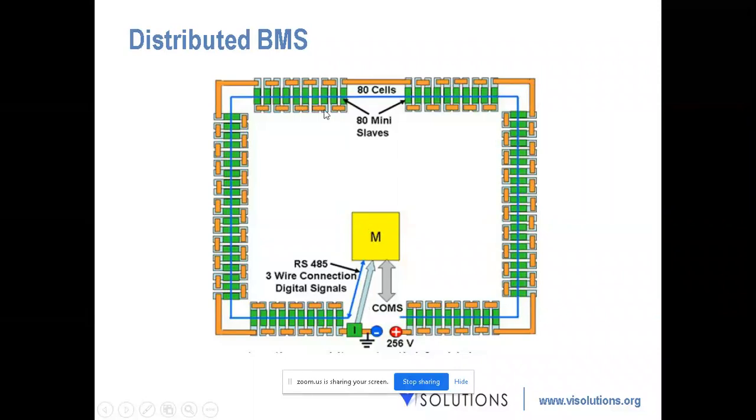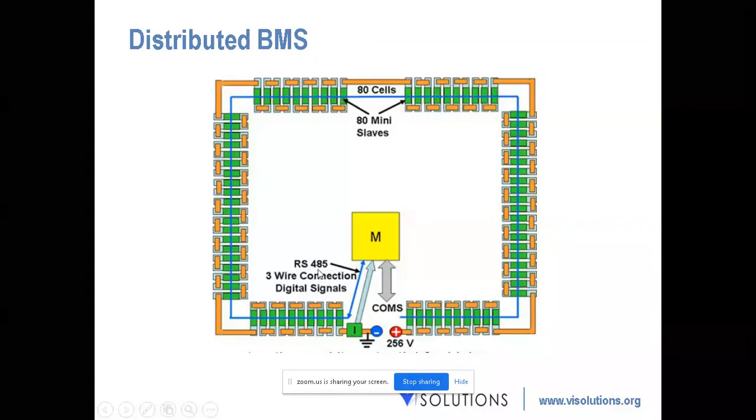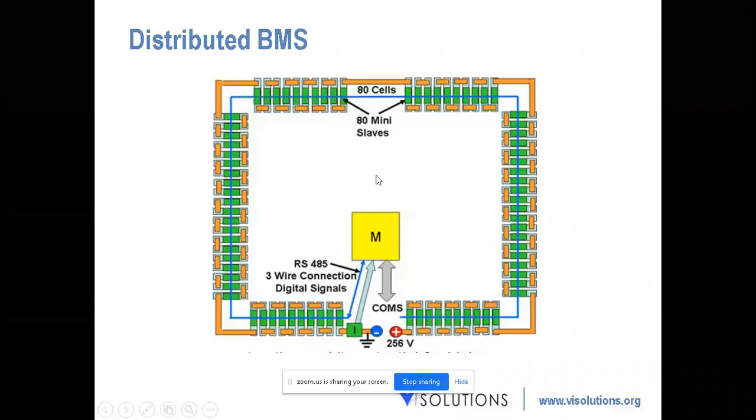The sub units will be connected to your master by using some internal communication. For example, here they are saying RS-485. If it's an electrical vehicle, sometimes CAN could be used. It depends on the location. An example of this is typically an electrical vehicle.